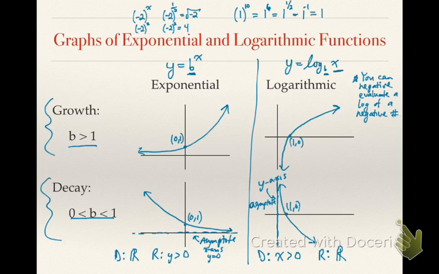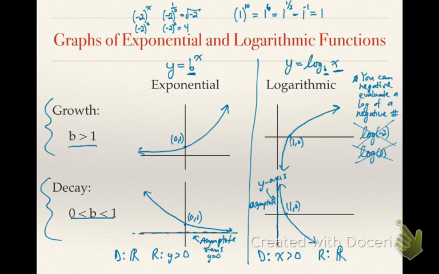So you'll never be able to do something like log of negative 2. That will never, ever occur. And you'll never, by the way, be able to take a log of 0, because notice the parent function for a log function will never hit that y-axis, so you can never have an input of 0.